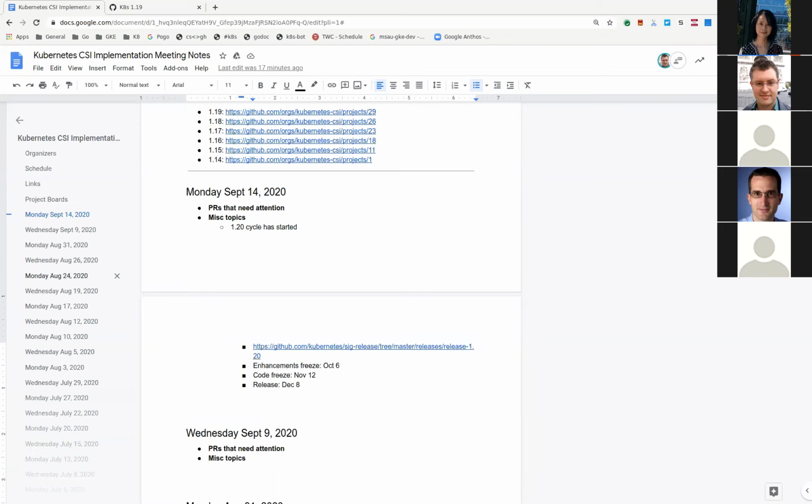I don't expect there to be any major problems with supporting CSI migration on Windows, because as far as I understand, there aren't any Windows-specific APIs in the PV or storage class objects that we would need to convert or translate.